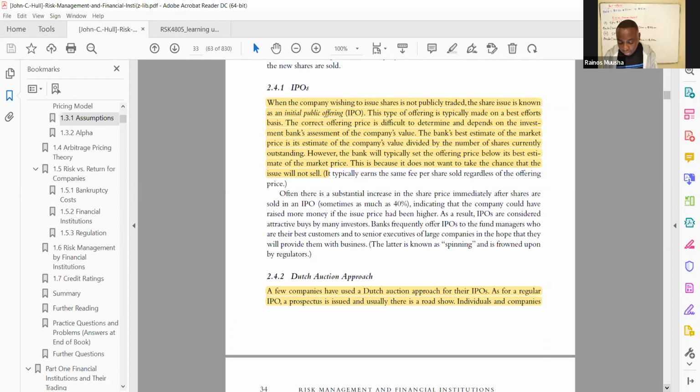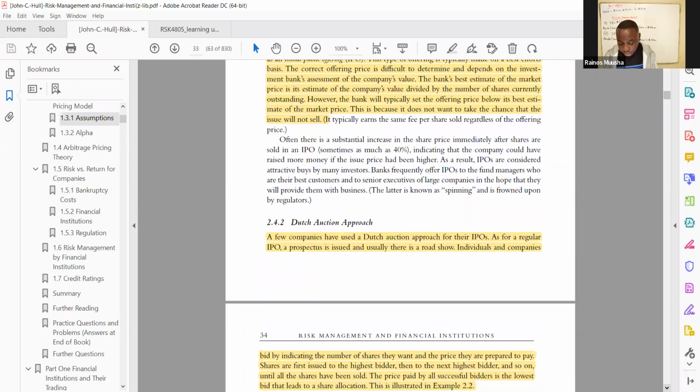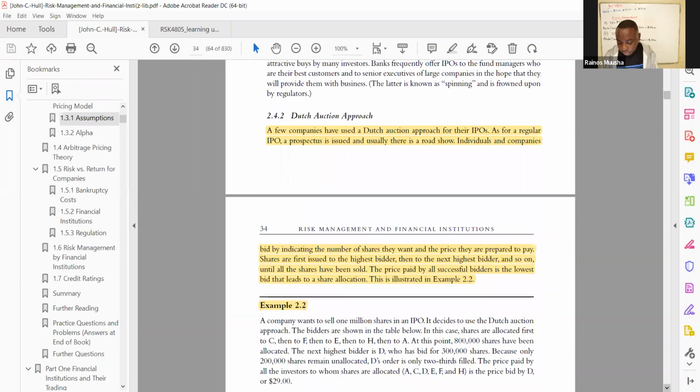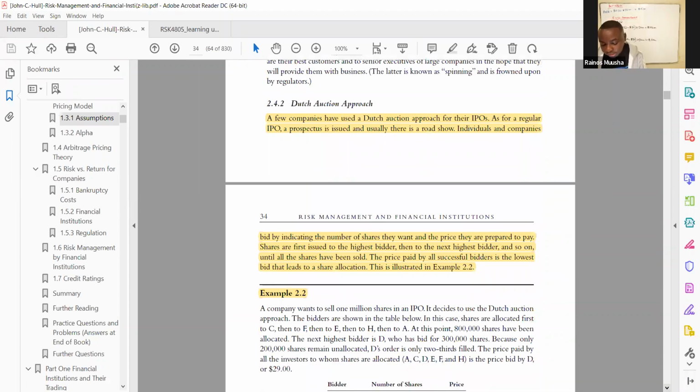Then the other way of issuing the shares would be through what they call the Dutch auction approach. With the Dutch auction approach, they say a few companies have used a Dutch auction approach for their initial public offering. As for a regular IPO, a prospectus is issued and usually there is a roadshow, and individuals and companies bid by indicating the number of shares they want and the price they are prepared to pay.